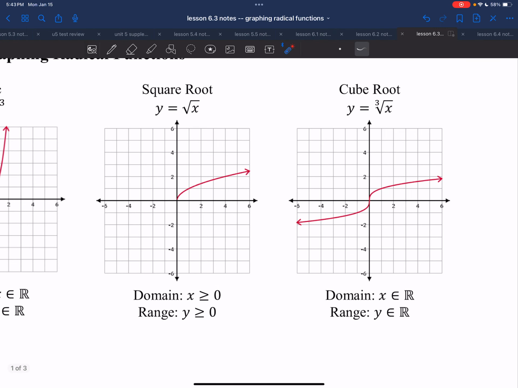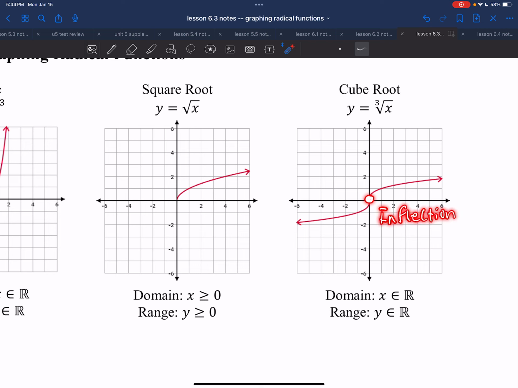Key features: if you know your transformations, left, right, up, down, you're going to use translations to find your first point. Two key points on the square root or cube root functions: a square root function has an endpoint at (0, 0). If we move that left, right, up, down, we'll know where the endpoint transfers. A cube root doesn't end because its domain and range are all real numbers, but it does have what's known as an inflection point.